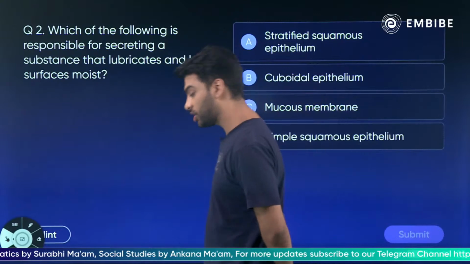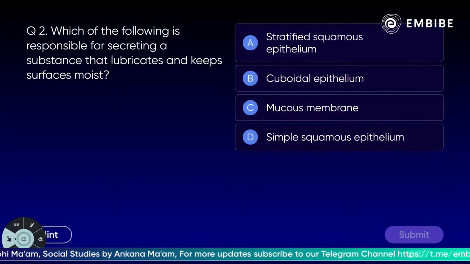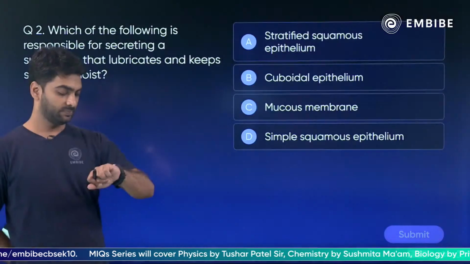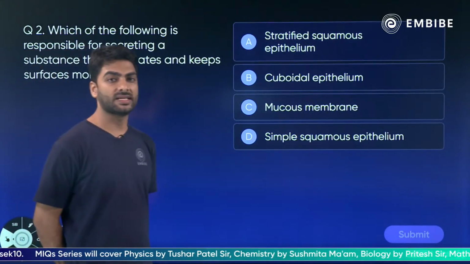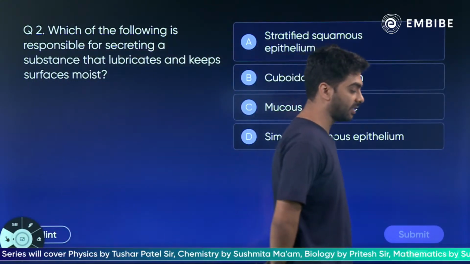The answer is hidden in the question itself. You read the options carefully and you will get the answer. Come on, easy peasy, lemon squeezy. Quick, very quick. 30 seconds and your time starts in 3, 2, 1, start. Come on, give your answers. Mannat, Basit, Simran, Arathi.